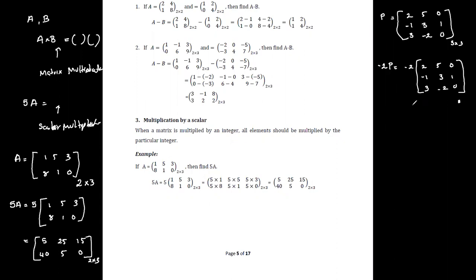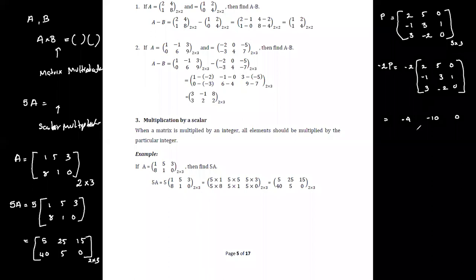If you perform this calculation, you multiply each and every term of this matrix by minus 2. It ends up as minus 4, minus 10, 0. This is because you are multiplying each and every element of this matrix by the given scalar. Minus 2 into 2 gives us minus 4.